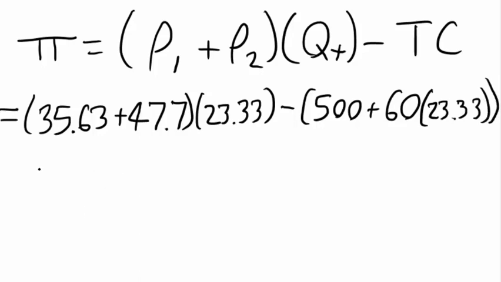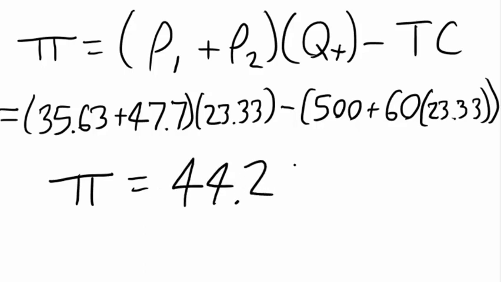And after plugging all this into a calculator, we get a profit of $44.29. So by producing these two products jointly, we make a profit of $44.29.